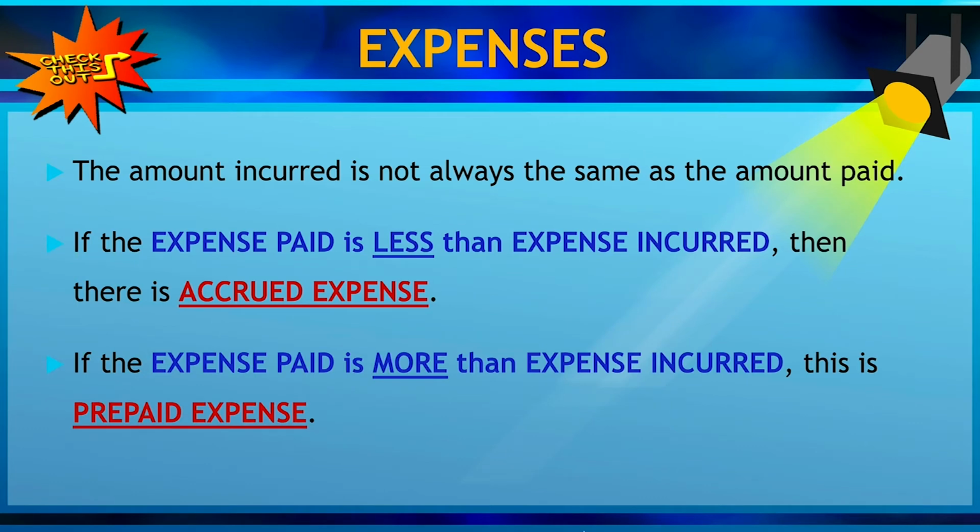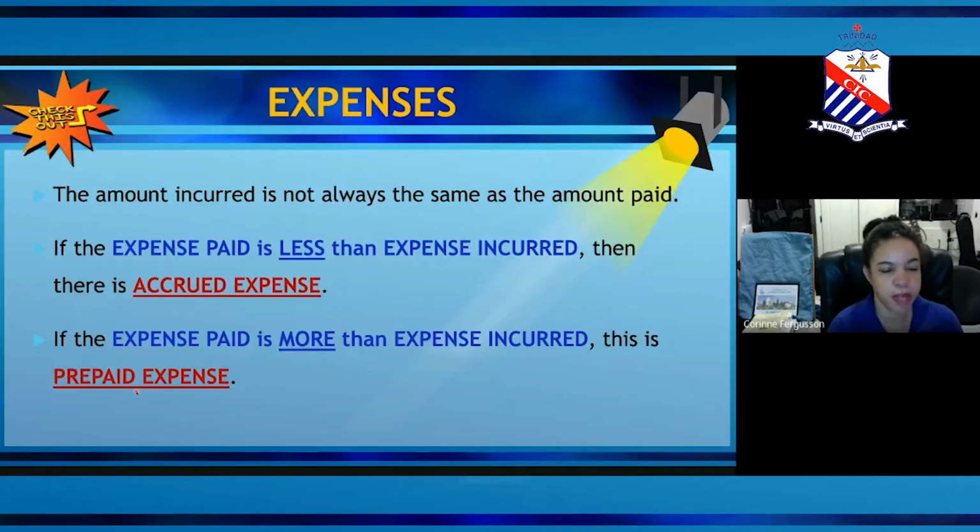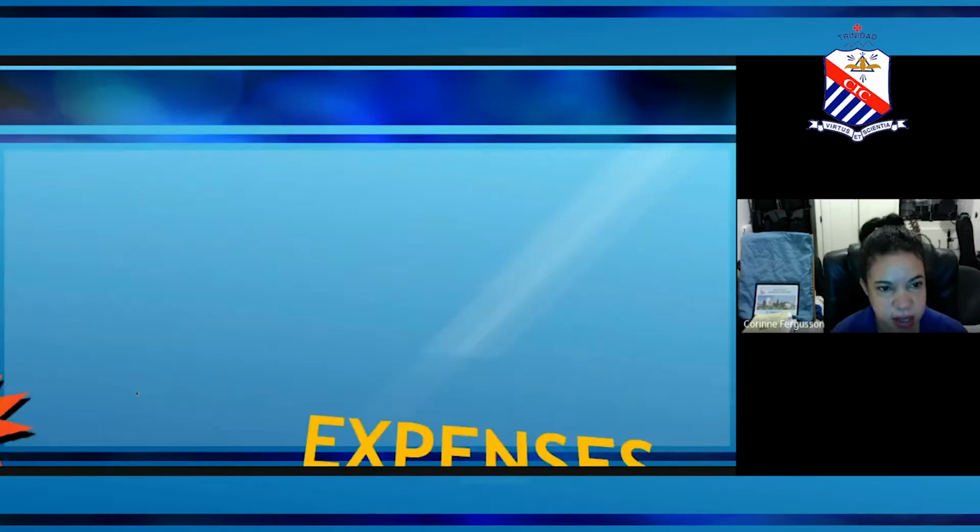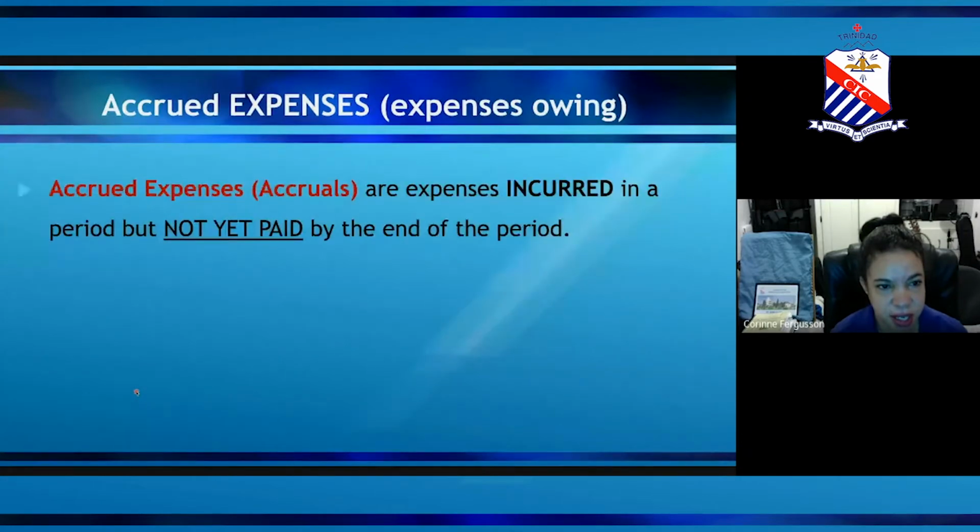If the expense paid is more than the expense incurred, this is called the second adjustment, which is a prepaid expense. Prepaid means that you paid in advance. We're going to do some examples. Before I explain, let's see with the examples if you understand, and then we will explain a little bit further.